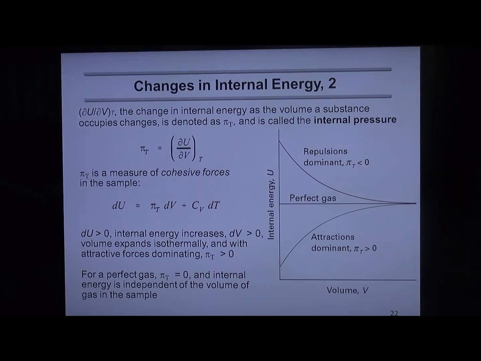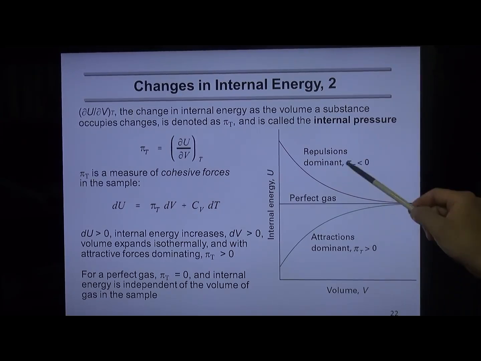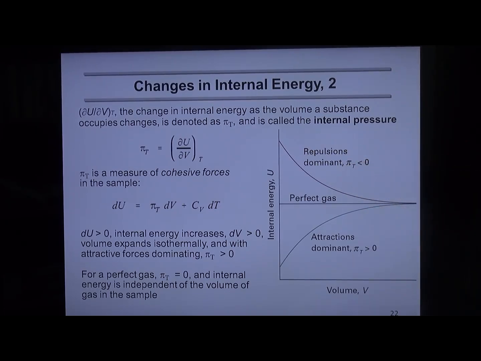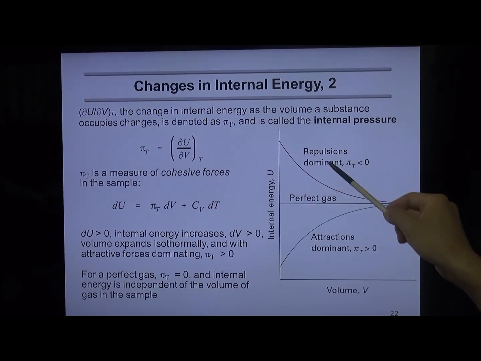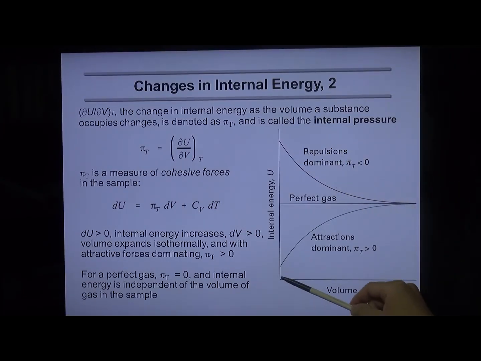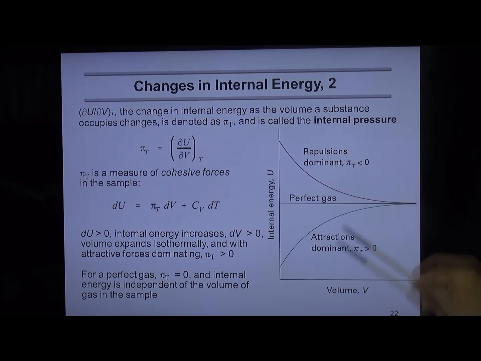When repulsions are dominant at high pressure, remember? Molecules are close together. Repulsions are dominant, which means that molecules do not want to be close to each other, right? They assist expansion. In that case, if volume increases, what would happen? Those gas molecules would be happier, right?